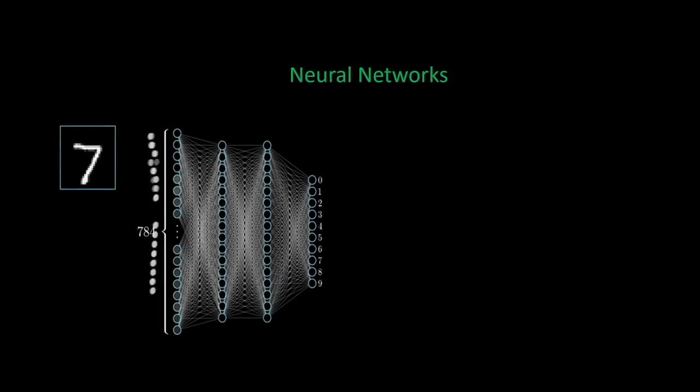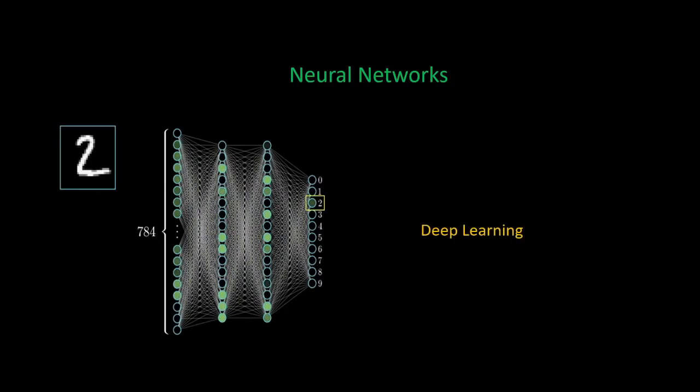Finally, we get to neural networks. And neural networks have become probably one of the fastest growing or most popular forms of machine learning algorithms. And these break down into something called deep learning. And this is an example of a multi-layered neural network, which is, again, sometimes referred to as deep learning.